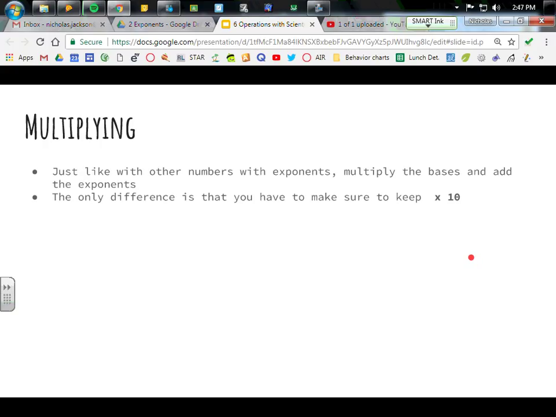Multiplying. Just like any other numbers with exponents, you're going to multiply your bases and you're going to add your exponents. The only major difference here is that you're going to make sure to keep times 10 in your answer.